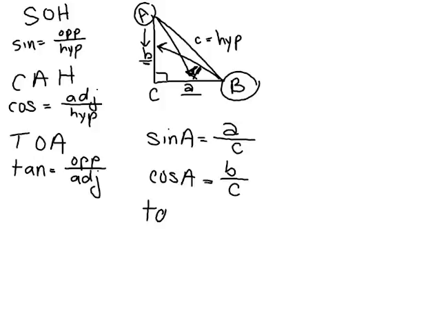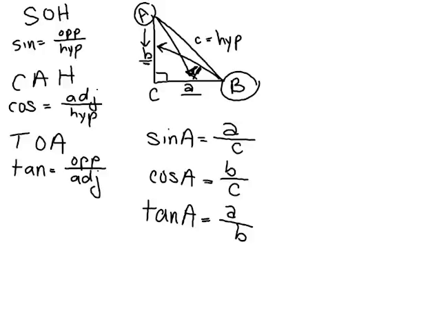If I do the tangent for angle A, so look at angle A. Which side is opposite, so across the triangle from the angle A is the little a side. And then adjacent to the angle A is our little b side. So there's our three trigonometric ratios, sine, cosine, and tangent.